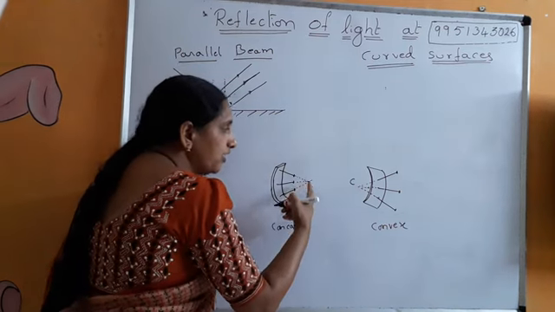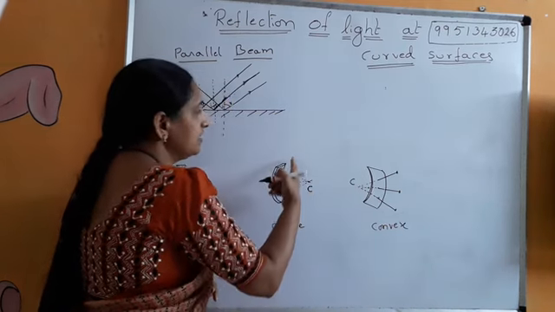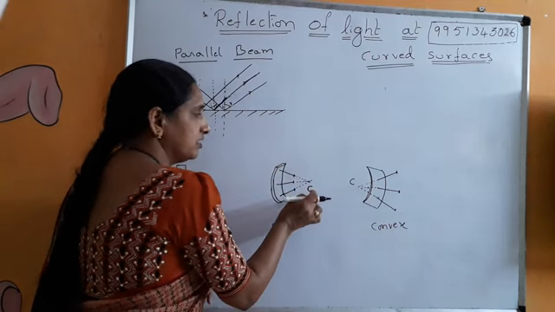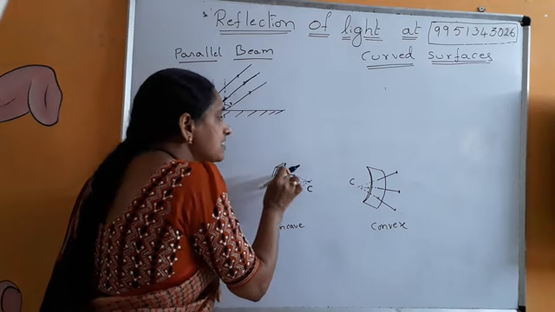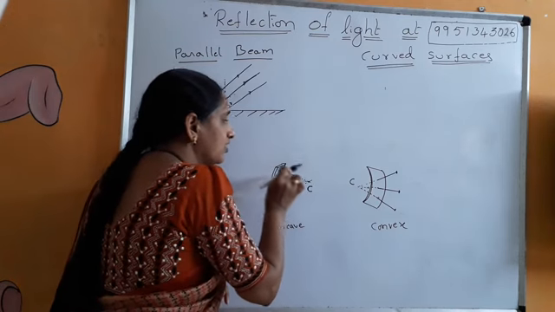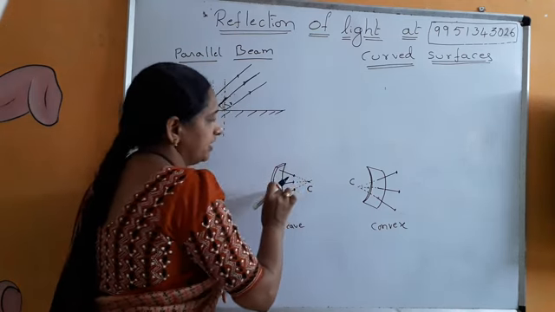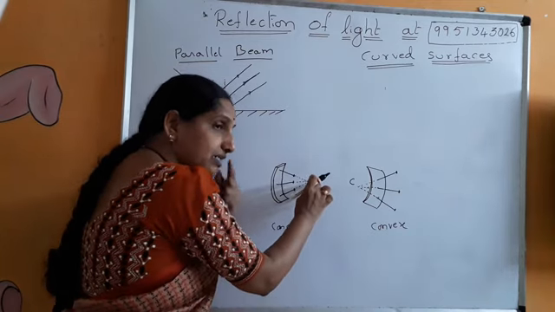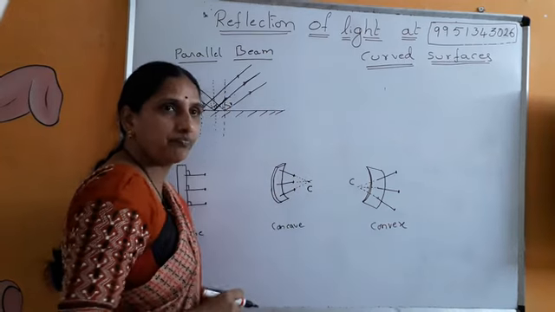That point is the center of curvature of this curve. The point where the lines passing through the nails seem to meet is the center of curvature.